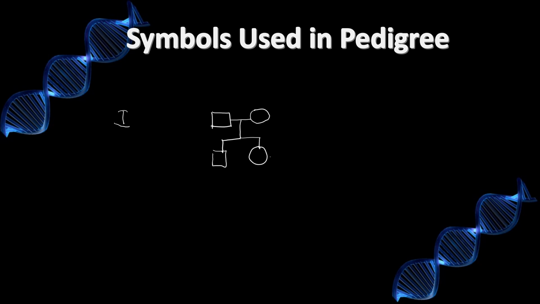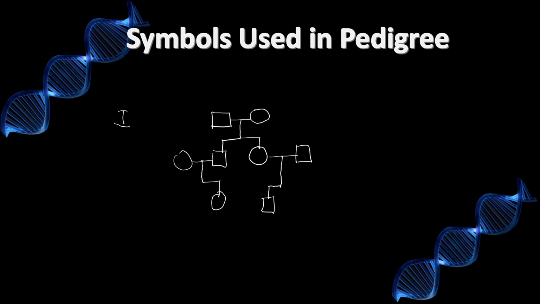So they will be married to external persons, and in this case she is having a son, and here he is marrying an external woman, and they are having a female daughter. Okay, then these two are mating.